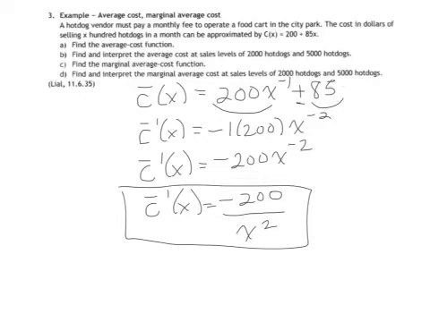D asks you to find and interpret the marginal average cost at sales levels of 2,000 hot dogs and 5,000. And again, remember that this question was looking at x hundred hot dogs.